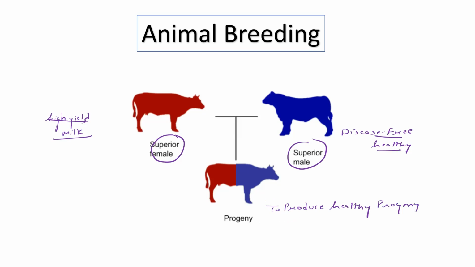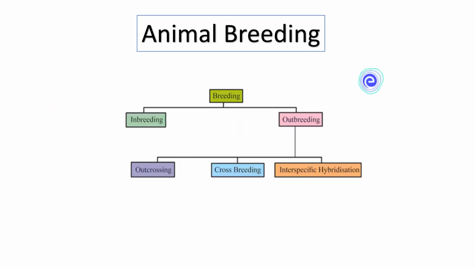This new progeny is known as a new breed, which has both characters. It will produce high yield, plus it is healthy and disease free. So this is breeding. Breeding is a method in which we mate a superior female and a superior male to produce healthy progeny.